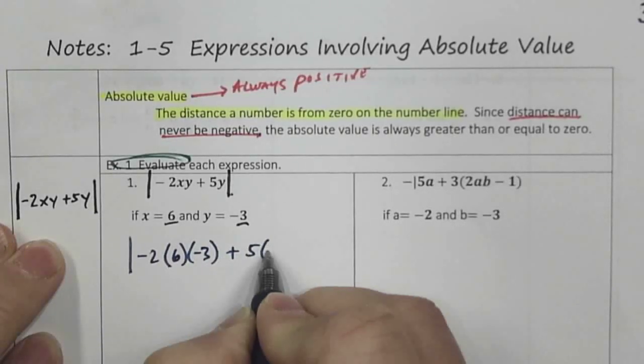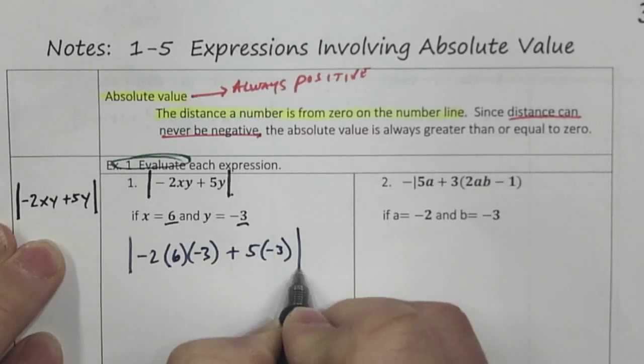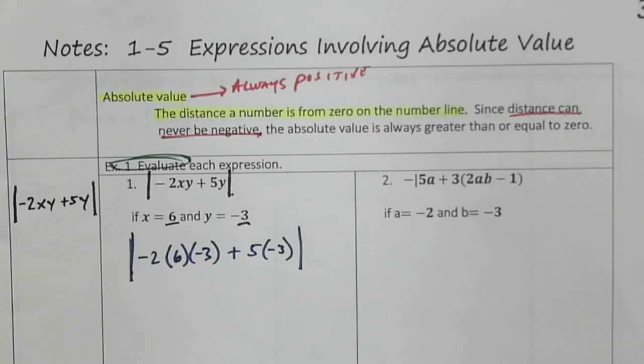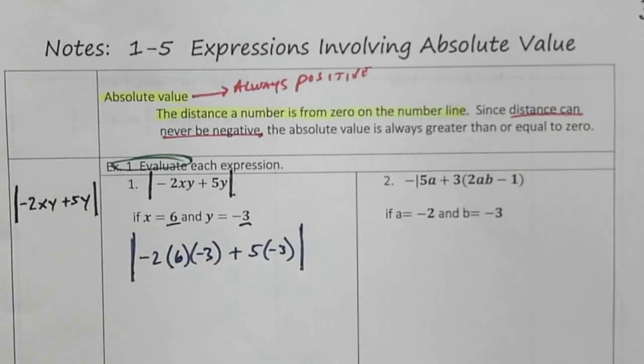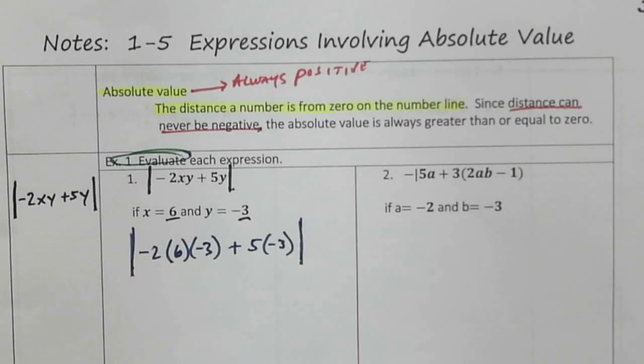Plus 5, -3. Okay, and this whole idea of making things positive, we can't make things positive until we get to the end result. So don't say, oh, well, absolute value turns everything positive. No, no, no. You have to actually calculate it and then do the absolute value.